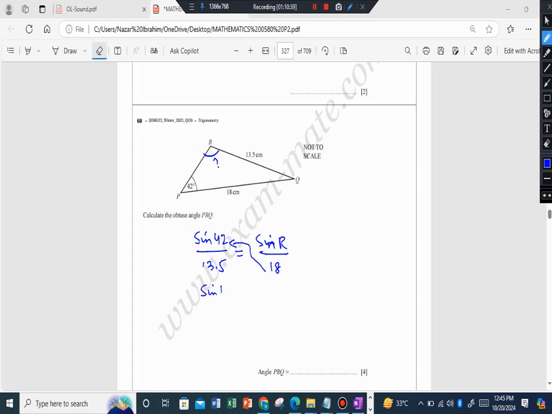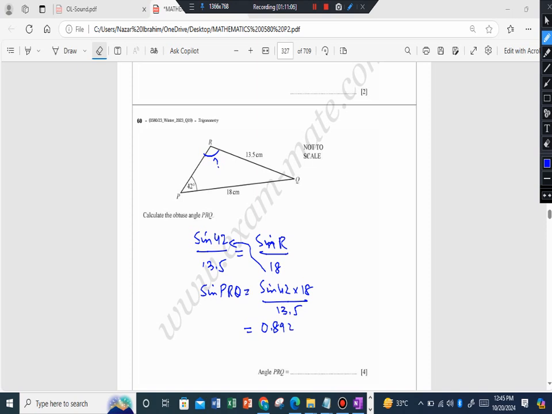Sine R, or sine PRQ, both are the same, right? Sine 42 multiplied by 18 upon 13.5. So let's put the values: sine 42 multiplied by 18 upon 13.5. That is 0.892, right?